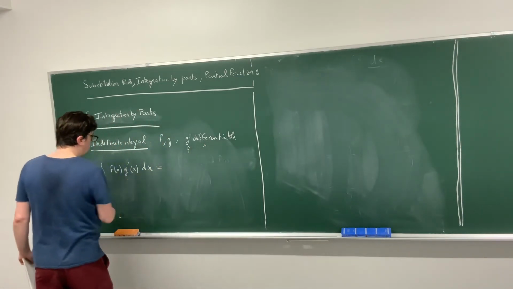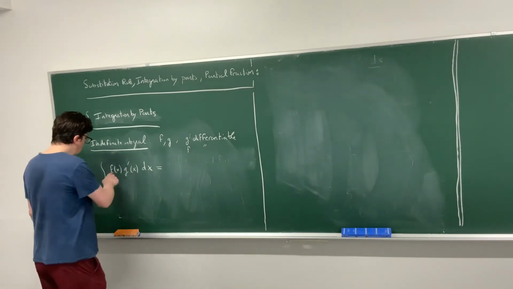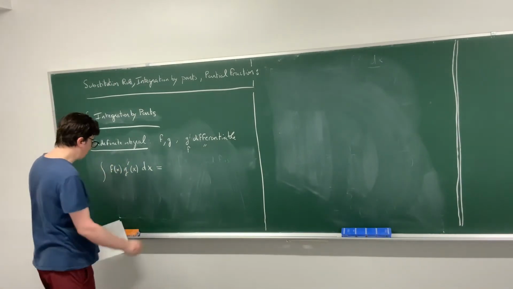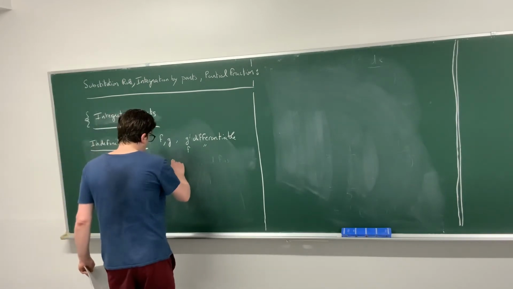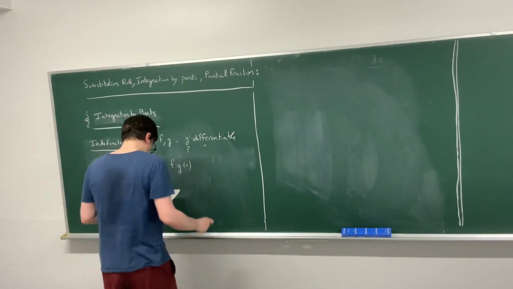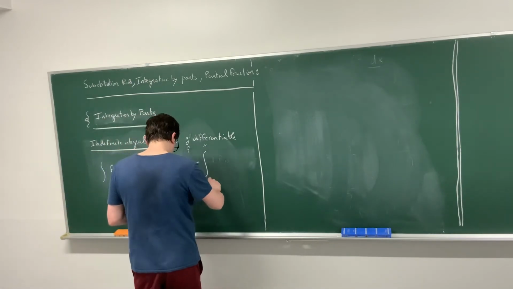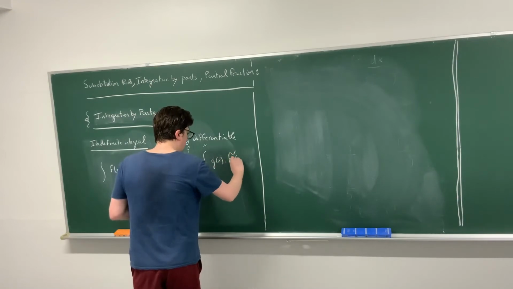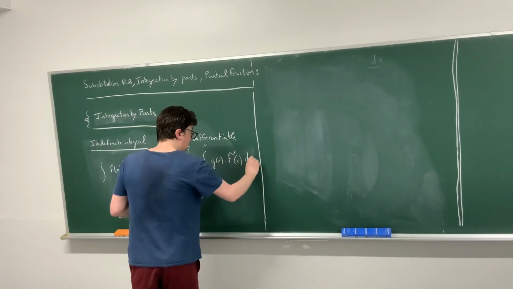Then we have the following formula. The indefinite integral of f of x times g prime of x will be equal to f times g of x minus the integral of g of x times f prime of x dx.